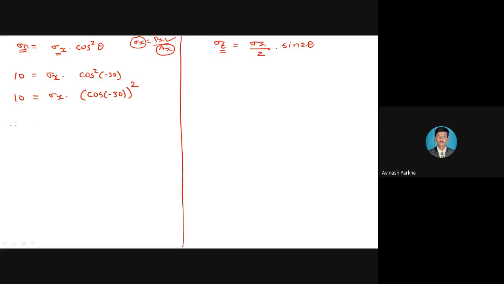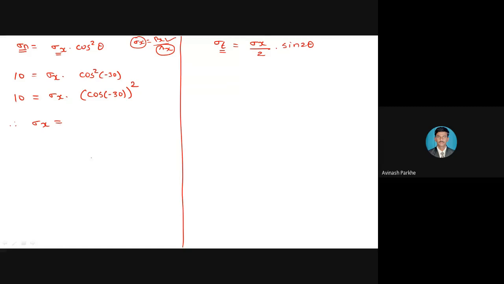Then tell me the value of sigma x. Yes, what is the value? Cos minus 30 and total square is 0.75. Then sigma x is 10 divided by 0.75. What will be your answer?